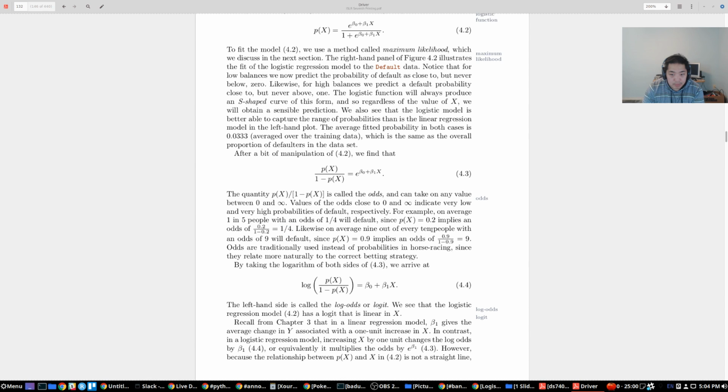Likewise, on average, 9 out of 10 people with odds of 9 will default, since p of x equals 0.9 implies odds of 0.9 over 1 minus 0.9, which equals 9. Odds are traditionally used instead of probabilities in horse racing, since they relate more naturally to correct betting strategy. By taking the logarithm of both sides, we arrive at the log odds.